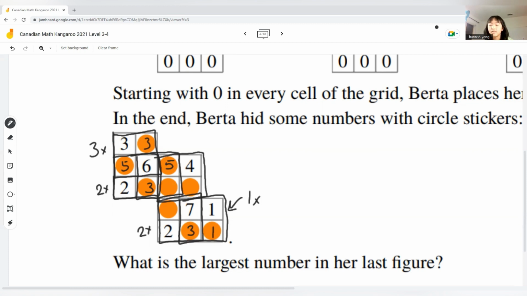There's a 7. And as of right now, the 7 is the largest number in the entire grid. But that's going to change because 7 basically means that this square that contains these 3 blank spots and the 7 has been overlapped 4 times.